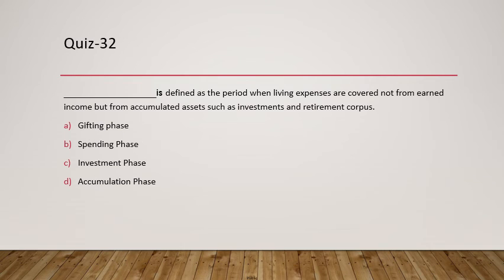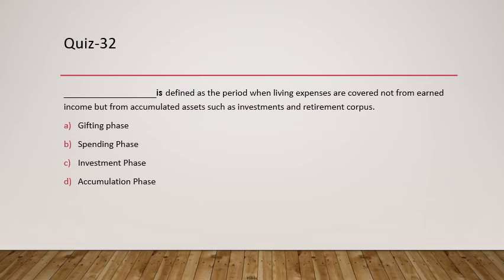This takes us to question 32, where we are now talking about phases of investments. All previous questions, I mean, around 7 to 8 questions that you came across, were about the BBKN model. Now we have moved to the stage where we are discussing the life cycle for an investor, which goes through different steps: the gifting stage, the accumulation stage, the spending stage, and all that, right?